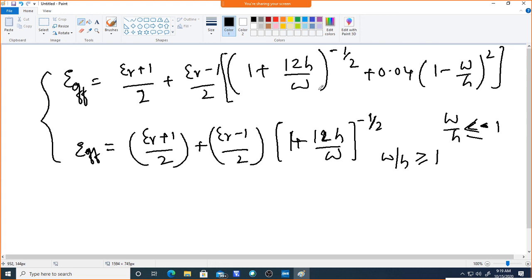These are all the equations you need to find. Now by using these equations, you have to form the microstrip ring resonator.